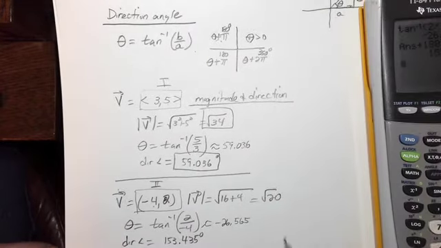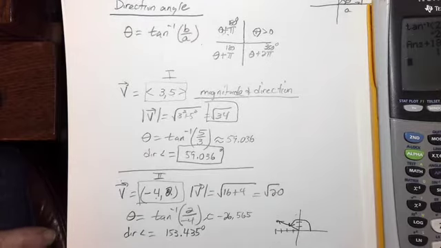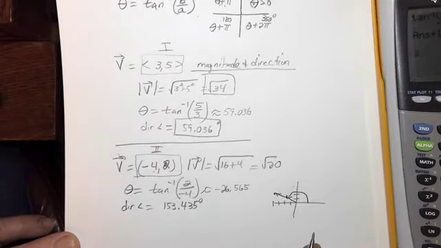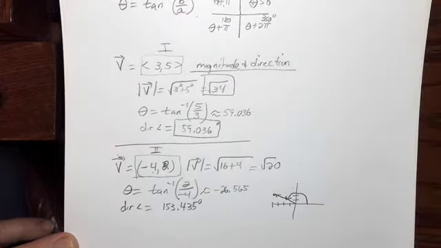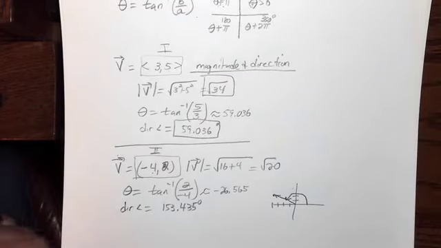And if you think about that, for negative 4, 2, it seems reasonable that this angle from the positive x-axis is 153 degrees. Seems highly likely. Okay, that's how you find a direction angle.